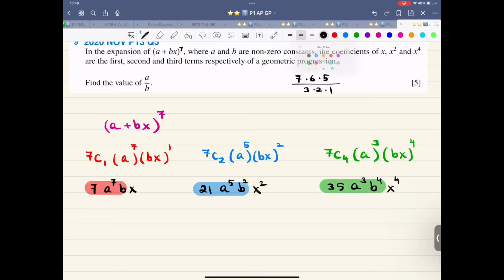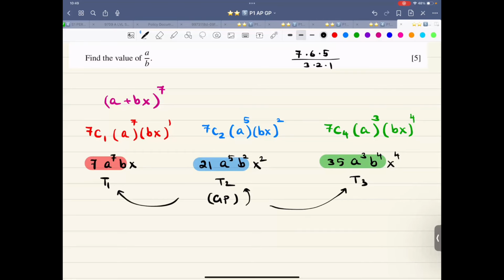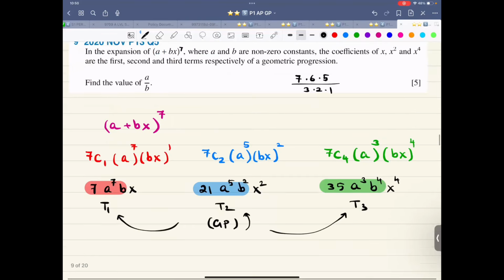So now over here, this is like the first term, this is second term, third term of a GP. So this is GP, GP, GP. They were different terms of binomial, but altogether, when we talk from the perspective of GP, these are the first three terms.